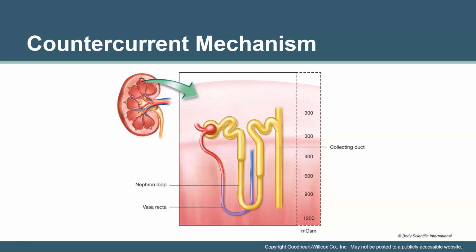When urine travels down the collecting duct through the deepest parts of the medulla, water can be reabsorbed from the collecting duct by osmosis into highly concentrated interstitial fluid. When this occurs maximally, the urine can reach, as stated previously, an osmolality of 1200 milliosmoles because the water in the collecting duct reaches osmotic equilibrium with the interstitial space.